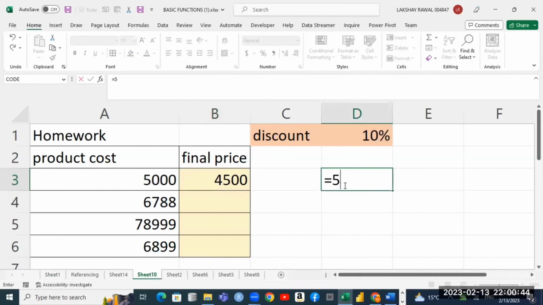So how will you do it? Actually, you are doing 5,000 minus 500.